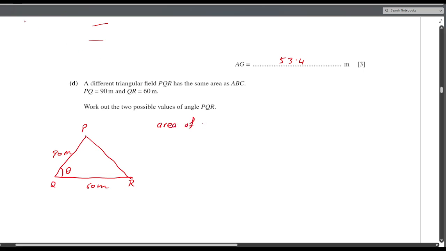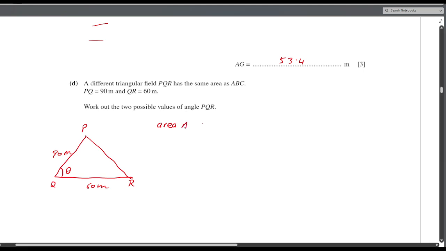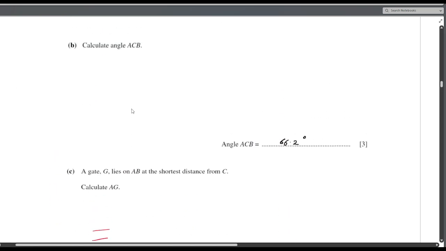Let us first find out the area of triangle ABC. Area of ABC is equal to half AB sine C. Let us come to this triangle.